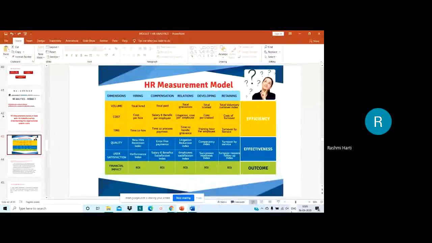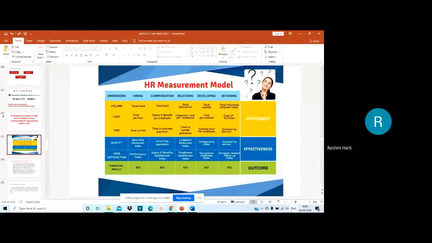Volume of total hired, total compensation paid to the new hires, total trained, as well as total voluntary turnover index. So it speaks about hiring, compensation, industrial relations, developing the competencies, as well as retaining the best employees in the organization, right?